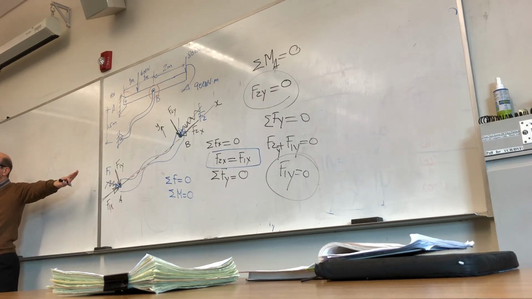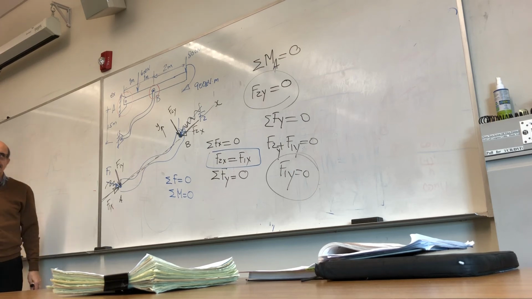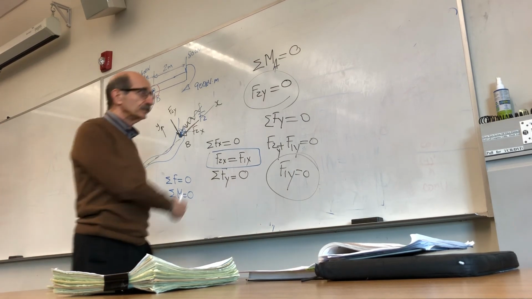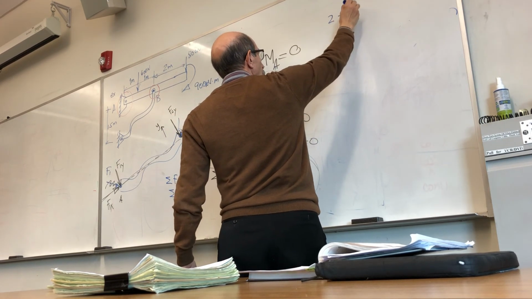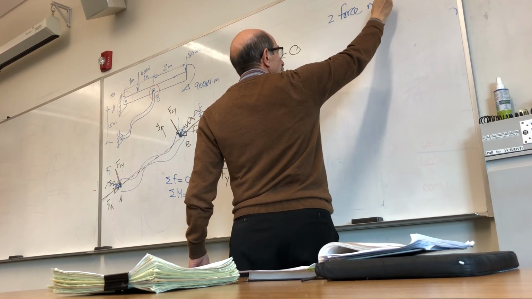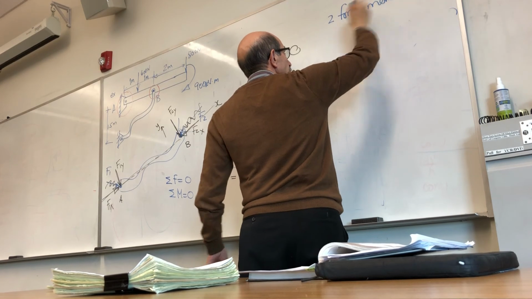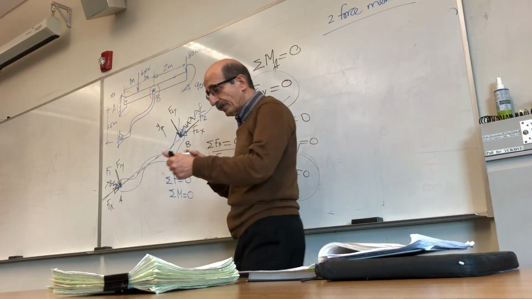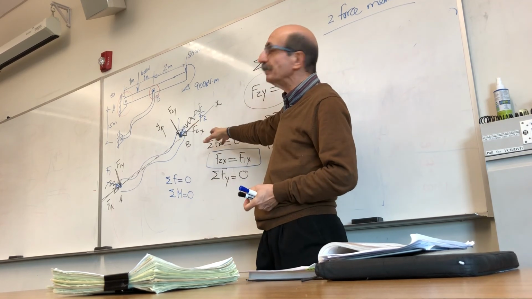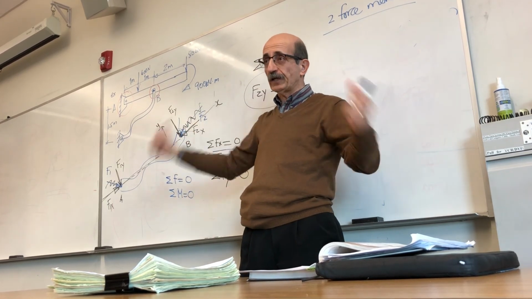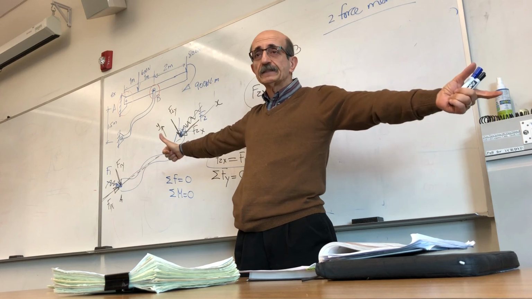So we define a beautiful concept here. And that beautiful concept, we will beat on that to death, is the concept of two-force members. Remember that. I'm going to continue on that next time. A two-force member is a member, regardless of its shape, that is pinned at the two ends.